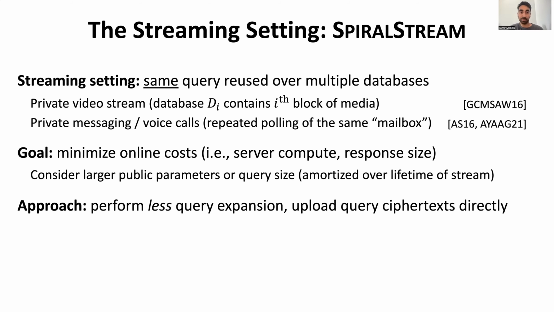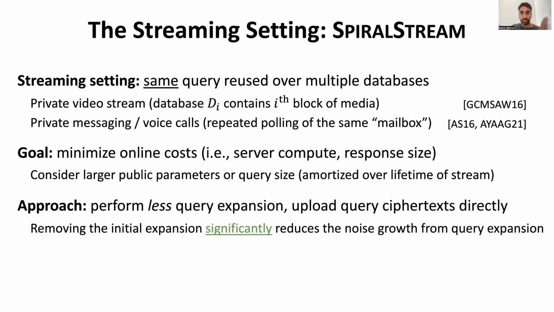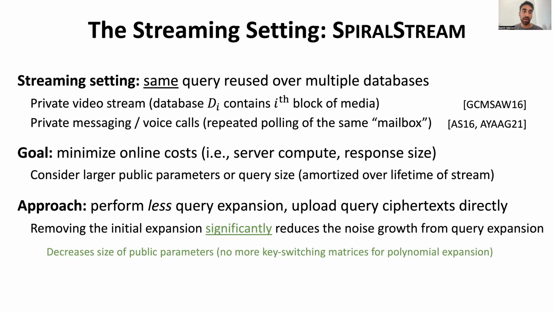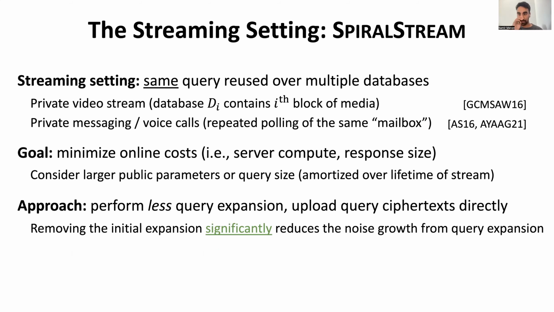So we explore how the scheme performs if we perform less query expansion and directly upload the encodings. We just removed the first expansion, the Angel et al. coefficient expansion procedure. That significantly reduces the noise growth. Our transformations we keep, because they don't take much time, and they don't incur much noise.